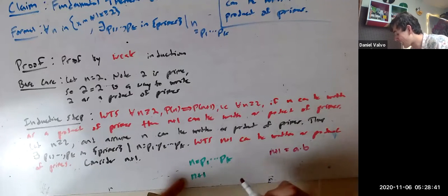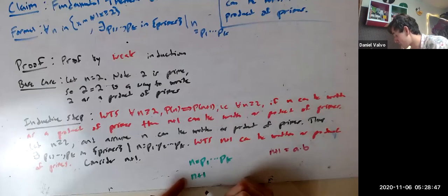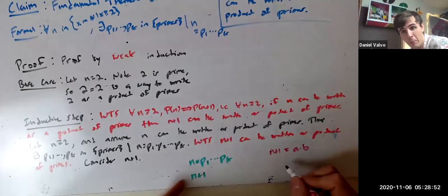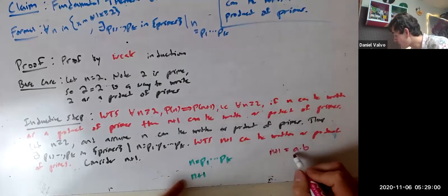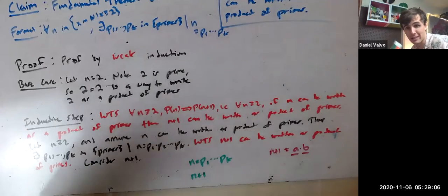And so knowing that n can be written as a product of primes is not enough to show that n plus 1 can be written as a product of primes. We need to know that every number less than n plus 1 can be written as a product of primes. Because once we know that, then we know a and b must be able to be written as a product of primes. Therefore, a times b, just put those products together and you have it.